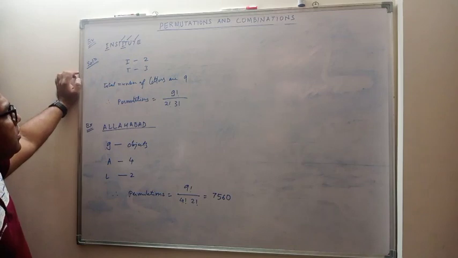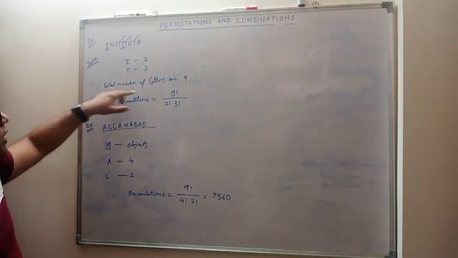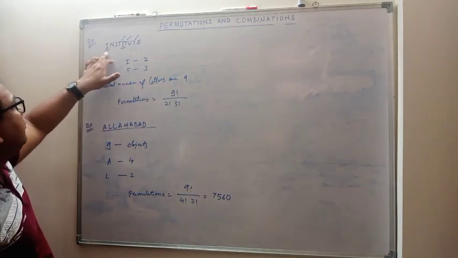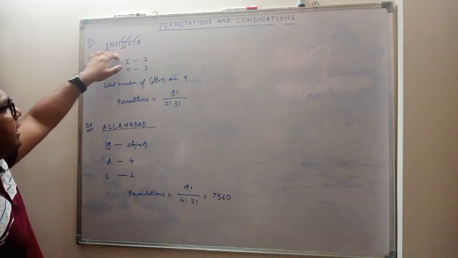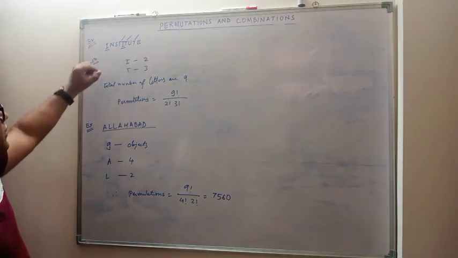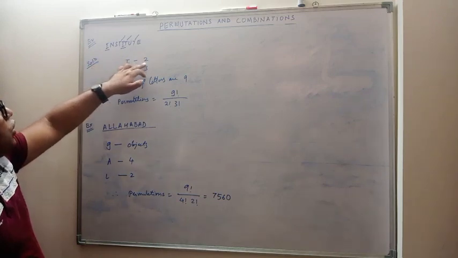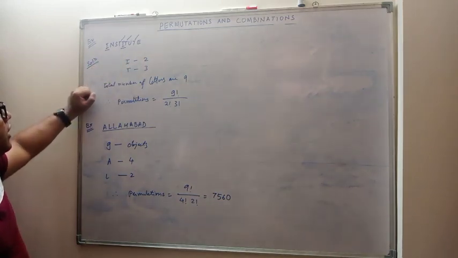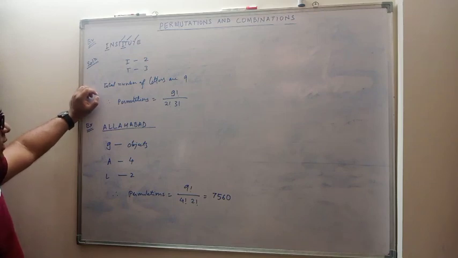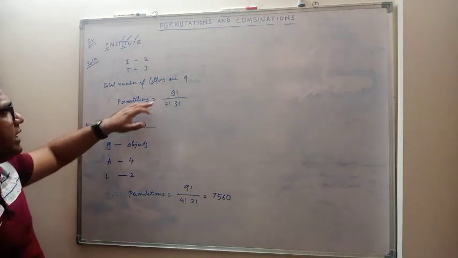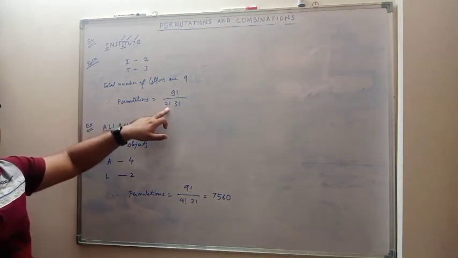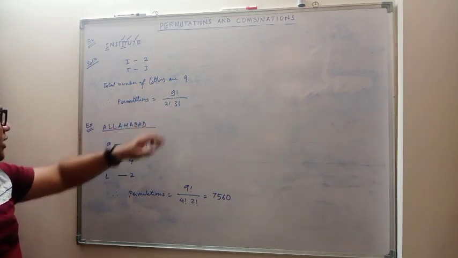So these are of the same kind. The total number of letters is 9, and out of those 9 letters, 5 letters, 2 of I and 3 of T, are of the same kind. So the permutation can be given as 9 factorial divided by 2 factorial into 3 factorial.